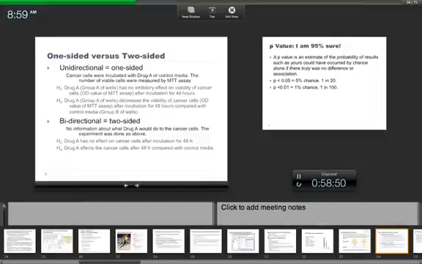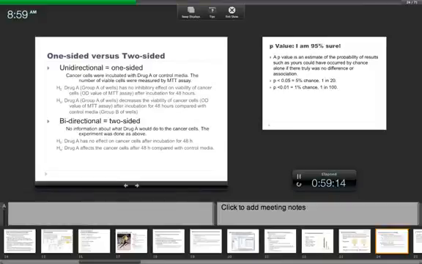It can very well stimulate the growth of the cancer cells, or it can be inhibiting the growth of the cancer cells. We do not know. So the null hypothesis is that drug A has no effect on the cancer cells after incubation for 48 hours.